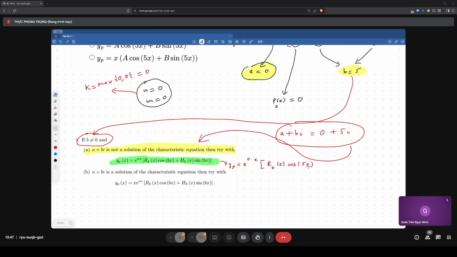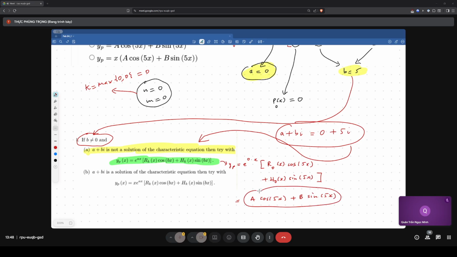Cosine B is 5, S_0, B is 5. What are R0 and S0? They are just any polynomials of order 0. And you know that when you have a polynomial of order 0, you have a constant. So this guy is a constant, and this guy is a constant.